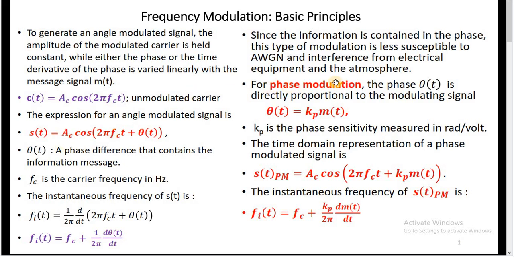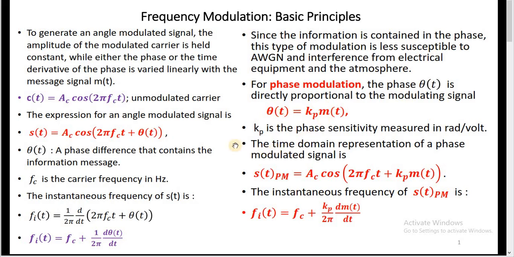For phase modulation, the phase theta of t is directly proportional to the modulating signal. So theta of t equal a constant of proportionality, Kp times m of t. Kp is the phase sensitivity measured in radians per volt. So for a phase modulated signal, this phase difference theta of t is made proportional to the message signal.